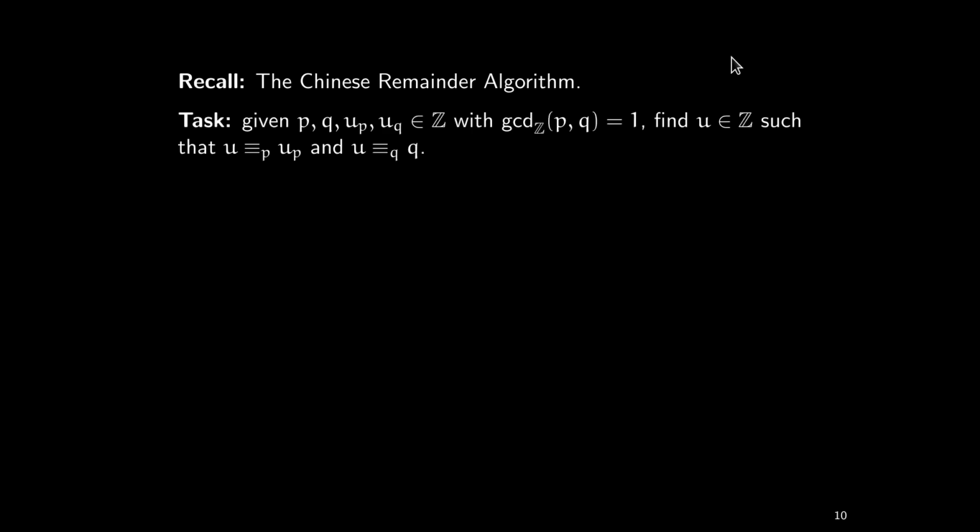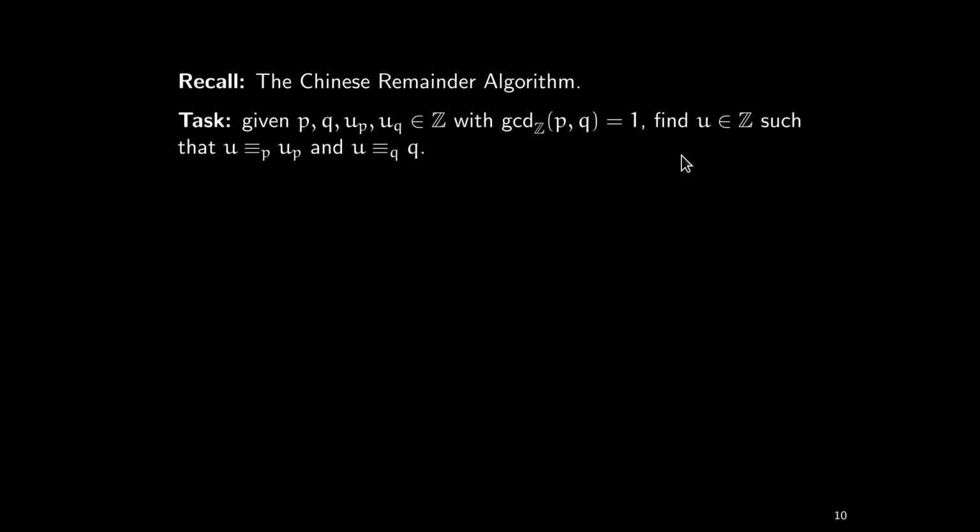Let's briefly have a look at how this worked computationally. So we had four numbers as input. Two numbers were the moduli, and two numbers were representatives of the equivalence classes. And to make it simple, let's assume that the moduli are coprime.